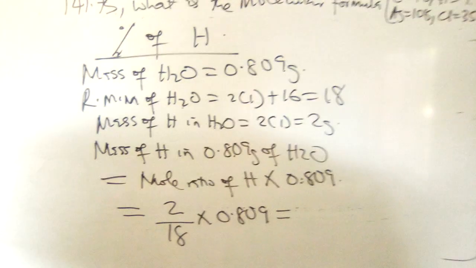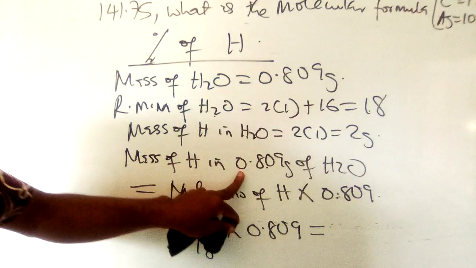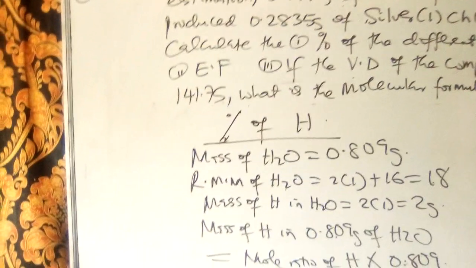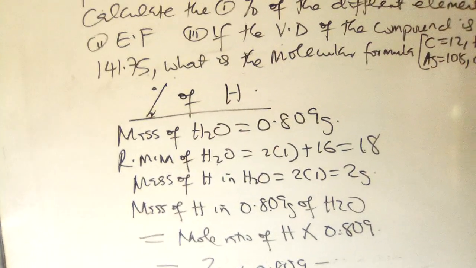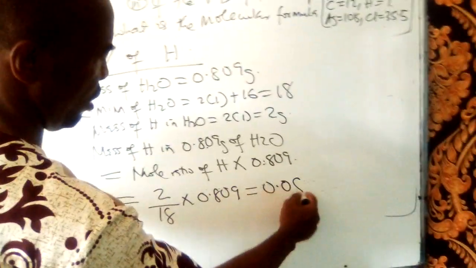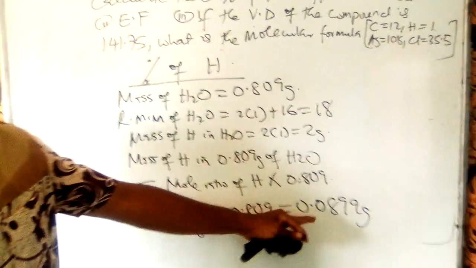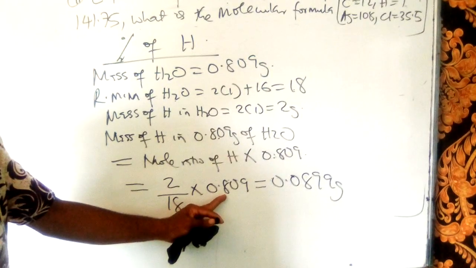When we solve this, using the calculator, the mass of hydrogen is going to be 0.0899. Mass of hydrogen, please, not water. 0.0899 of hydrogen inside this mass of water.